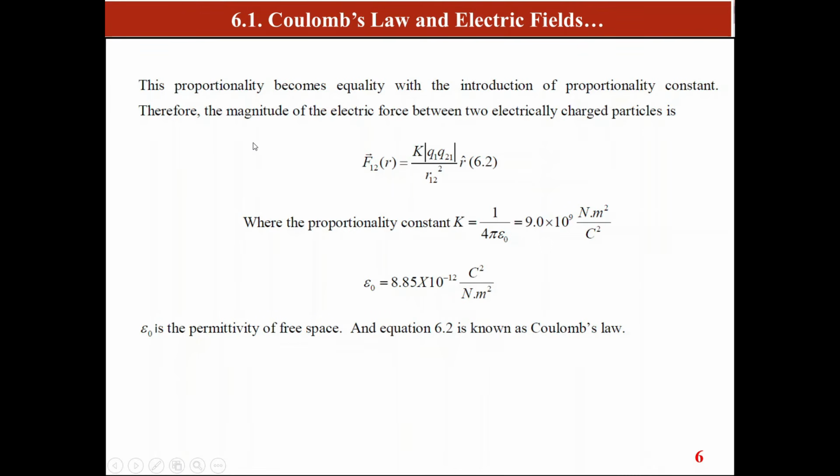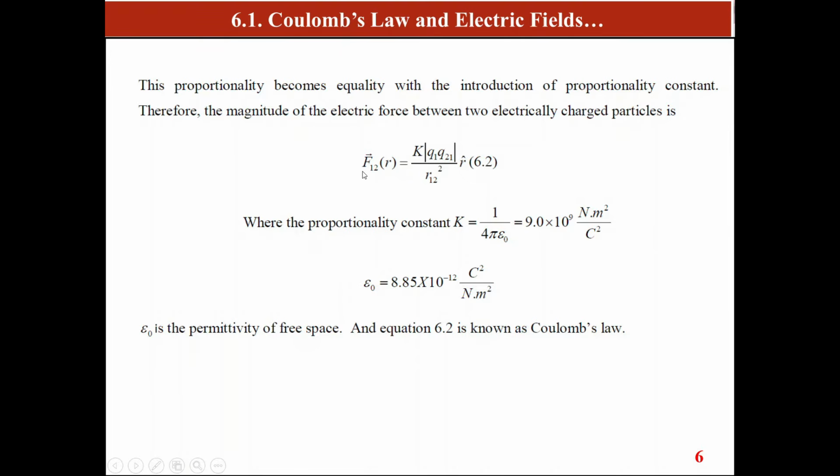The proportionality becomes equality with the introduction of a proportionality constant. Therefore, the magnitude of the electric force between two electrically charged particles, F12, is equal to the constant times Q1 Q2 over R squared. This R hat is the direction indicator of force F12. So the R hat is different in the case of F12 and in the case of F21.